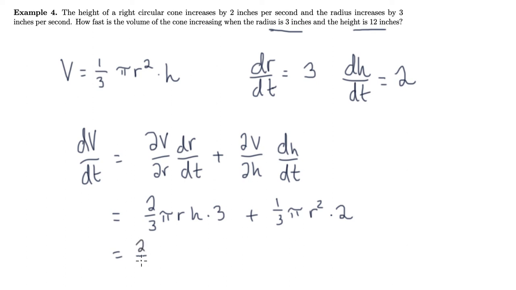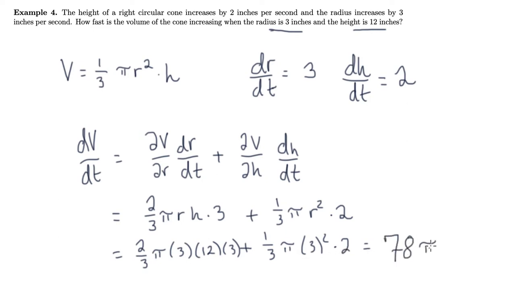We'll have 2/3 pi times 3 times 12 times another 3 plus 1/3 pi times 3 squared times 2. And so what do we have? We have 2 times 3 is 6, times 12 is 72. This is just going to be 3 times 2, so it looks like 78 pi, and our units will be inches cubed per minute.